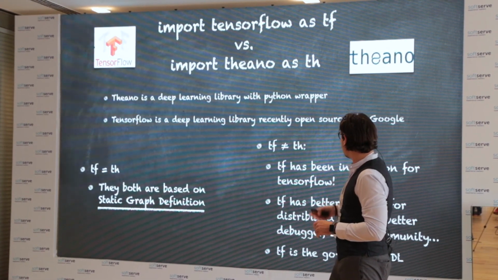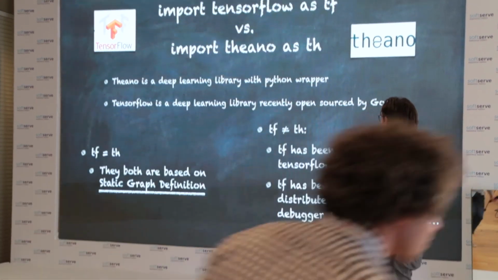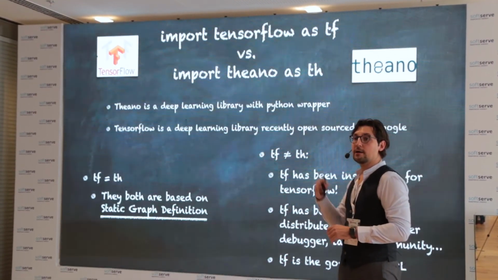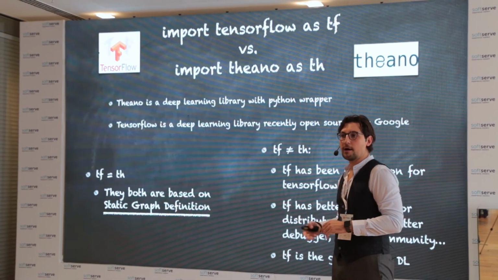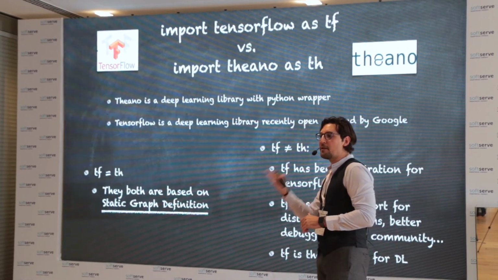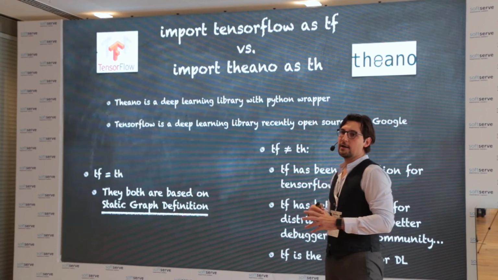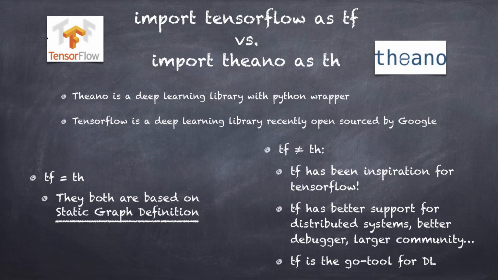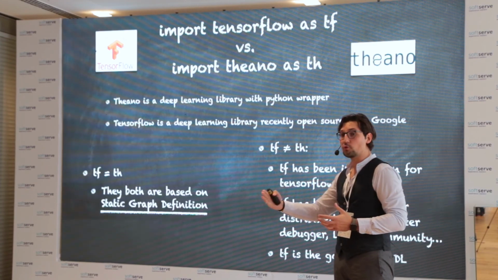But they're different in the sense that TensorFlow has better support for distributed systems. Since TensorFlow is actually a Google product, it has been thought from the very beginning as a tool to do distributed computation. That's one thing that strongly differs the two. And TensorFlow has nowadays a larger community, and that's why TensorFlow is nowadays considered as the core tool for deep learning.